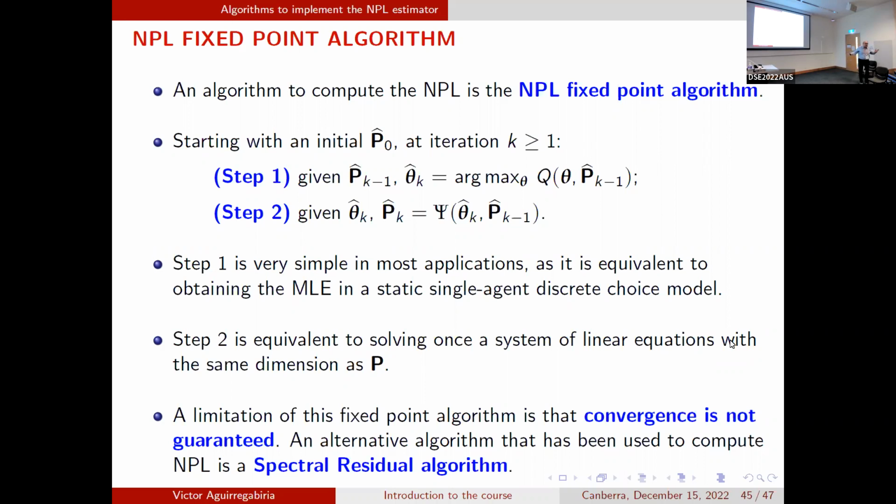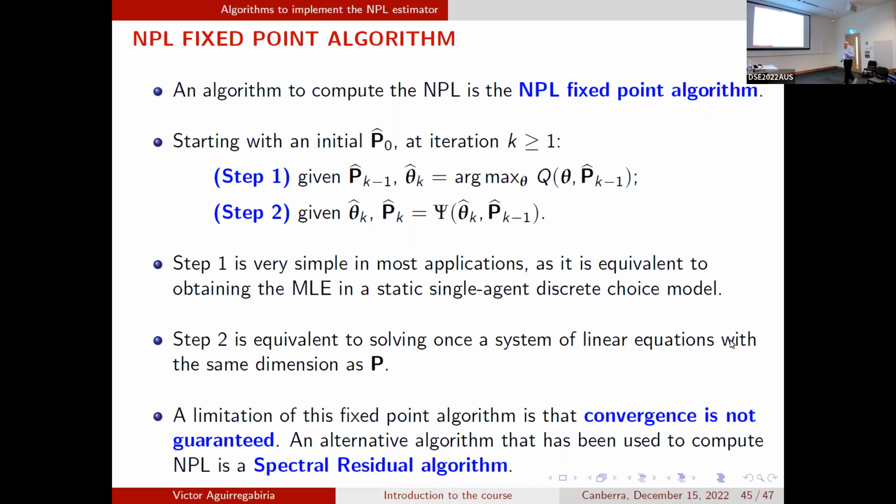And fixed point iterations converge typically when we have contraction properties, but they are not guaranteed to converge when we don't have the contraction property. Then what if instead of looking at a fixed point iteration mapping, we consider the NPL estimator as solving a system of nonlinear equations in P?